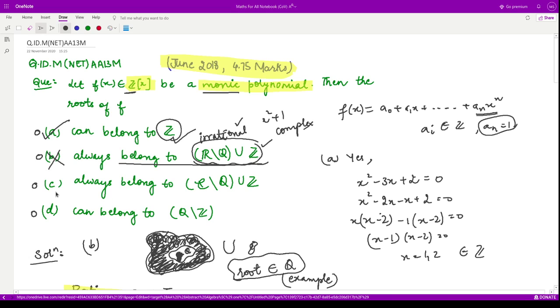Let us see the third option. In the third option, they are saying the roots could belong to C minus Q union with Z. Now C minus Q, what kind of set is this?